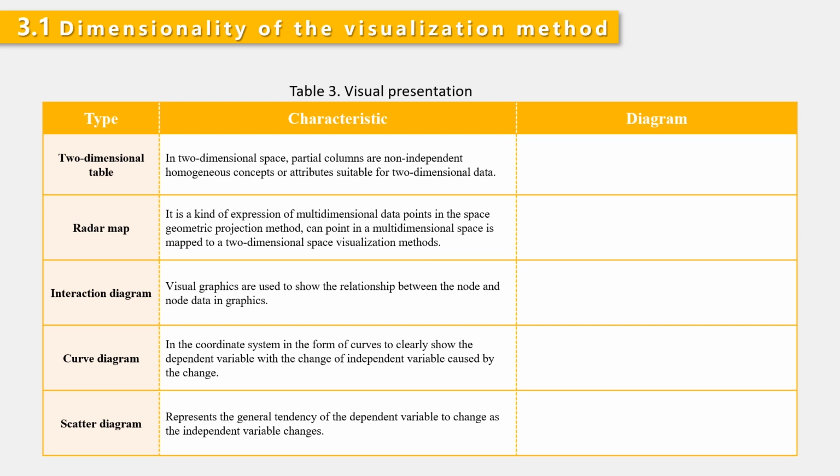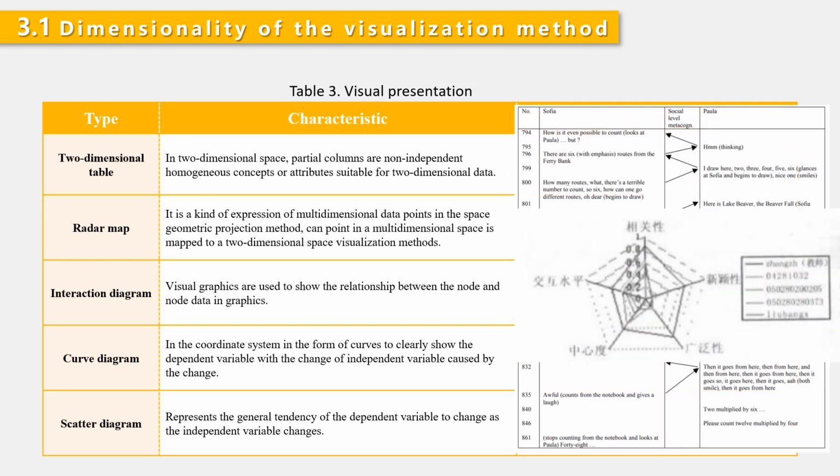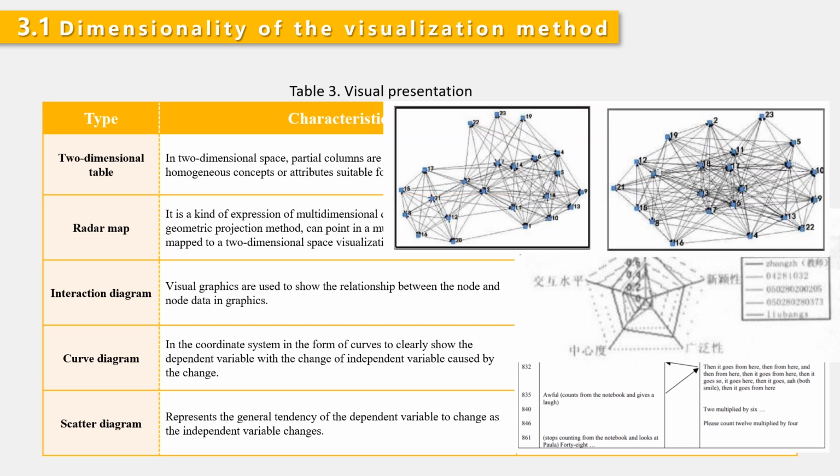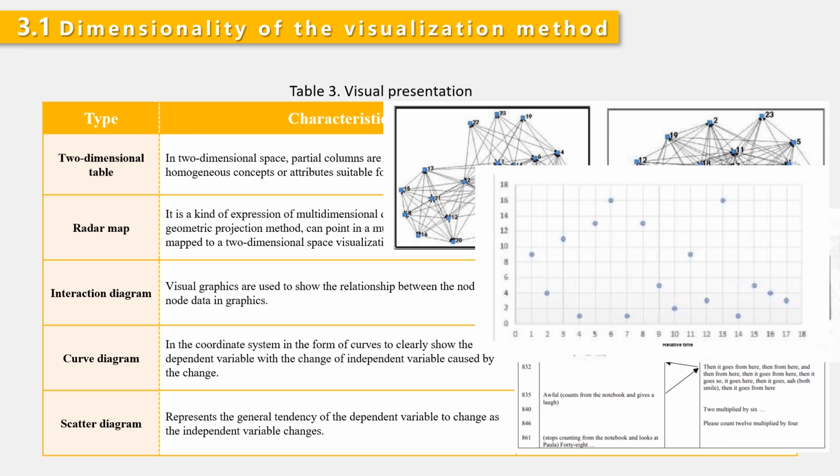After analyzing and summarizing the visualization methods that have been applied in the collaborative learning process at home and abroad, we summarize the presentation method into 5 types, which are 2-dimensional table, radar map, interaction diagram, curve diagram, and scatter diagram.